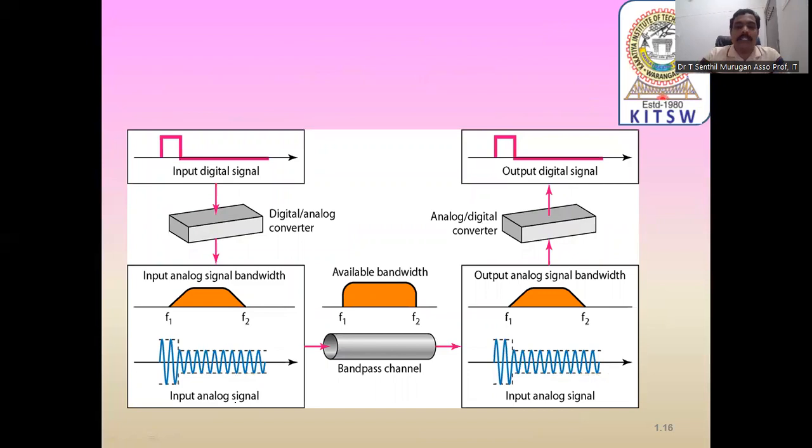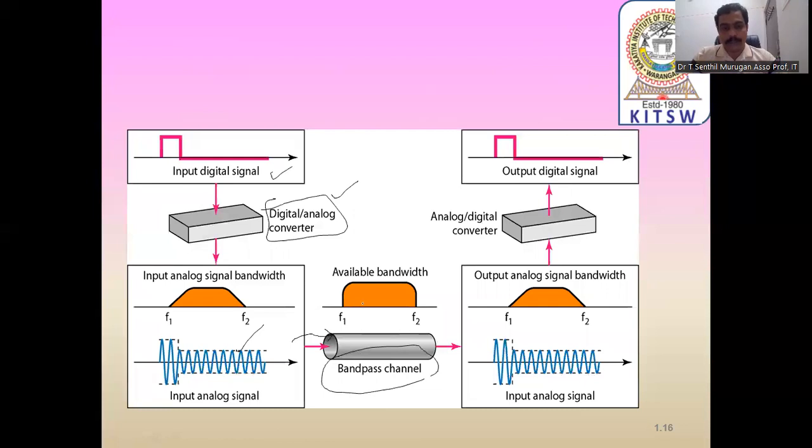So how will it be converted? The input is the digital signal. Here a converter is used for converting the digital signal to an analog signal. This analog signal will be transmitted through this medium, the band pass channel.